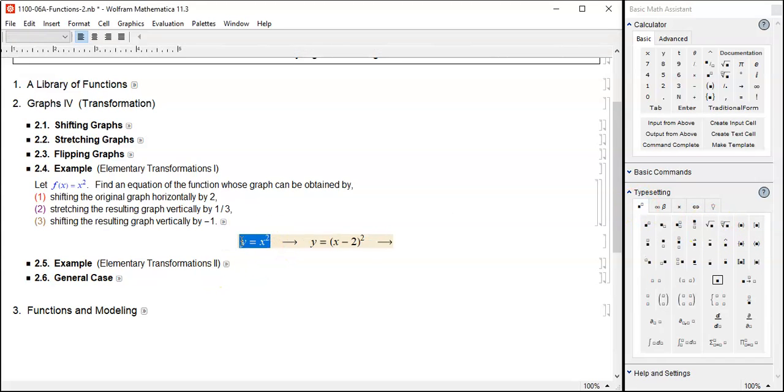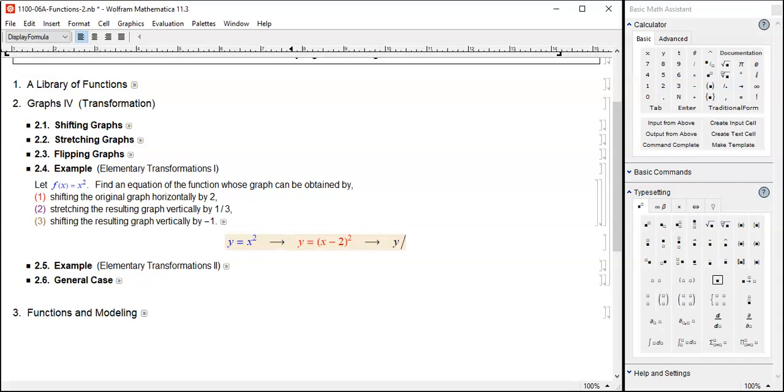So originally we have this, and then after shifting in the x direction, we get that. And then stretching vertically by a factor of 1/3. Stretching by 1/3, so it's actually compression.